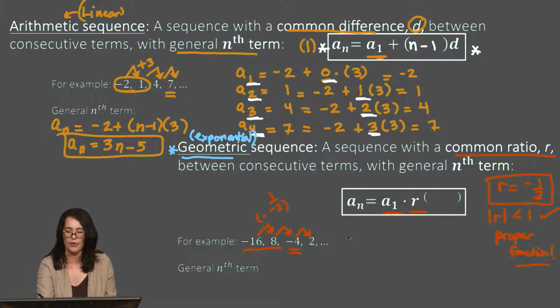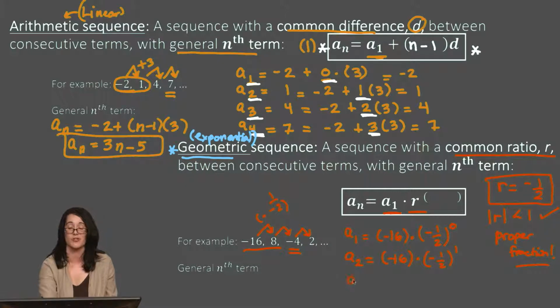So in general, we noticed a pattern here. For my first term, I started at negative 16, and I didn't multiply by any copies of negative half, did I? So that's like negative half to the 0 power. But for my second term, I still started at negative 16, but this time I multiplied by 1 copy of r.